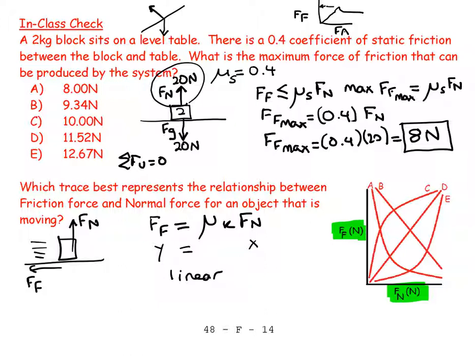I can make x equals 1, and then the Fn equals 1, and then y is equal to mu k, and so on. I can recognize it's linear though, and so I should be able to see that. And also, as Fn increases, FF increases, and so there's the trace that I'm interested in. And so my answer on this one would be trace D.